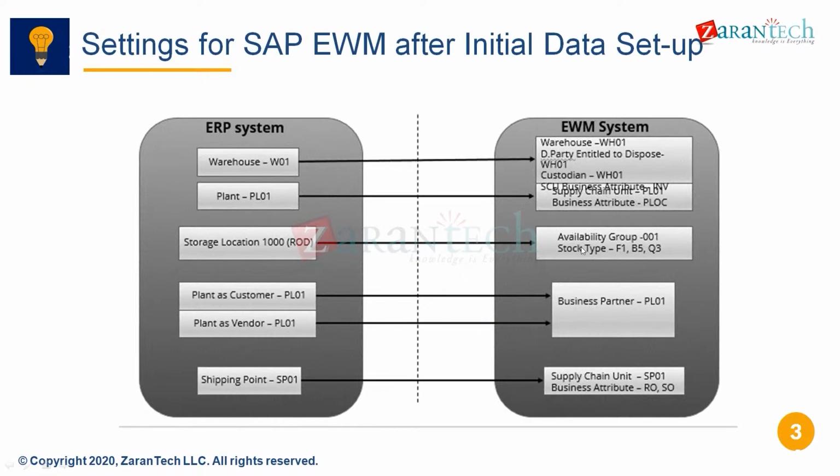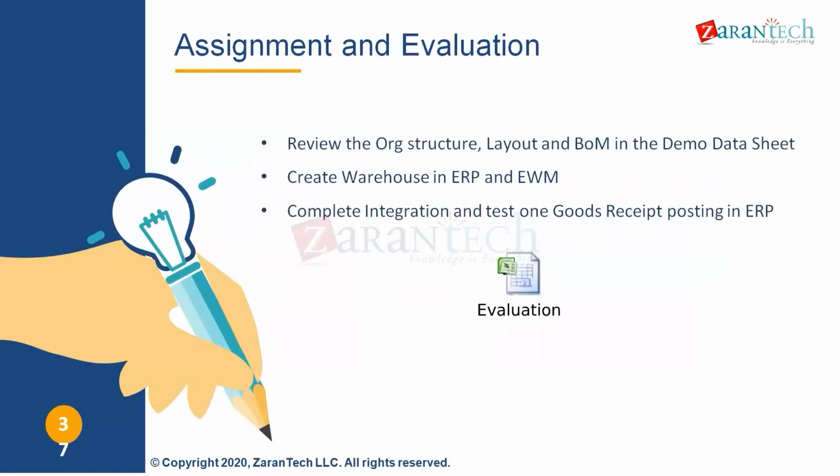Storage locations are mapped as availability groups. For now we've just used the existing ones; going forward, when we discuss availability groups, they basically contain different stock types. Plant as customer and plant as vendor, we've created as business partners. Shipping points we have created as supply chain units with attributes: receiving office and sales office. Okay, so here we have completed all our integration for a warehouse.